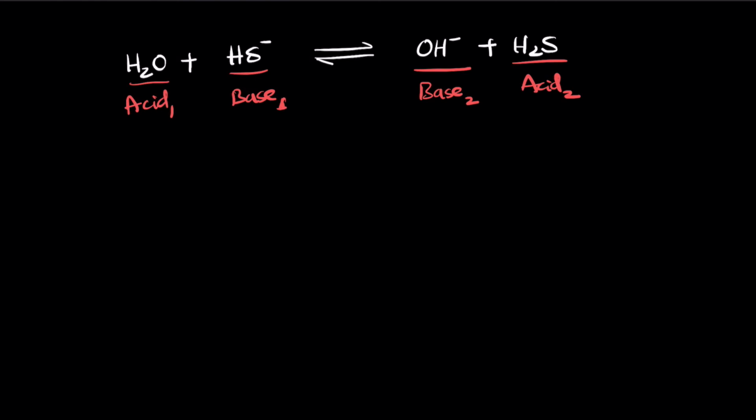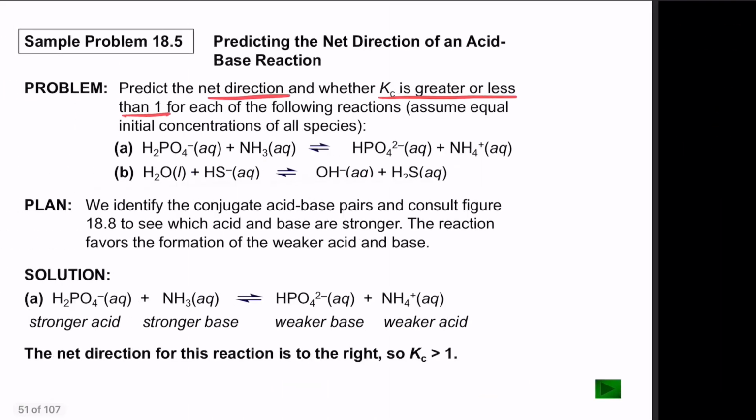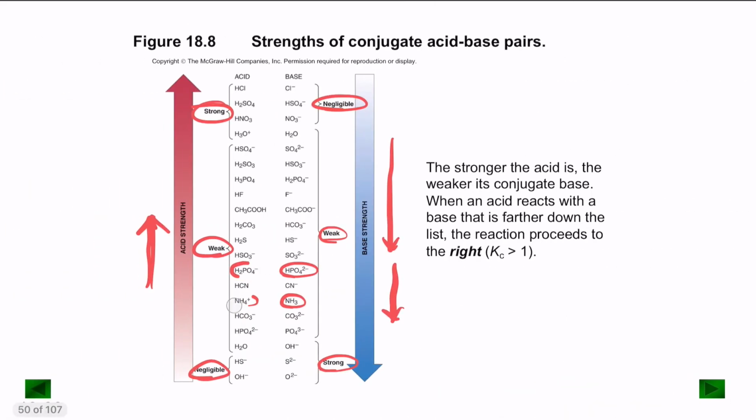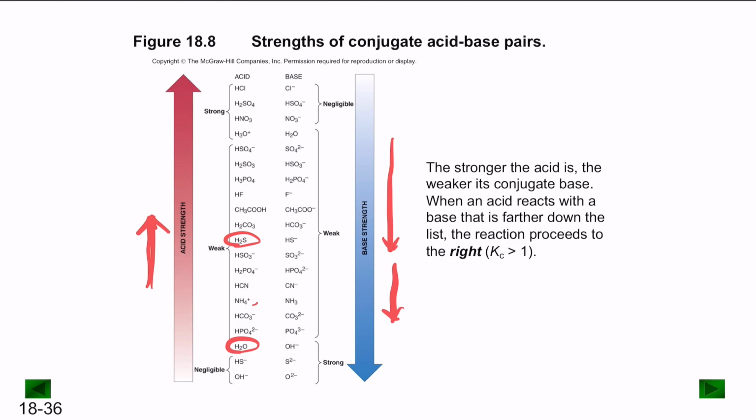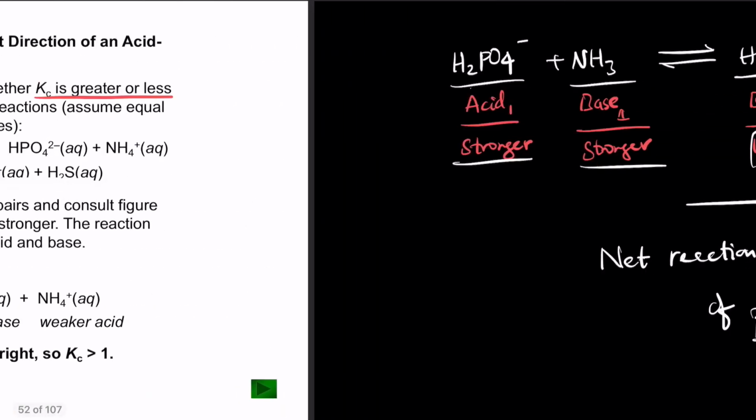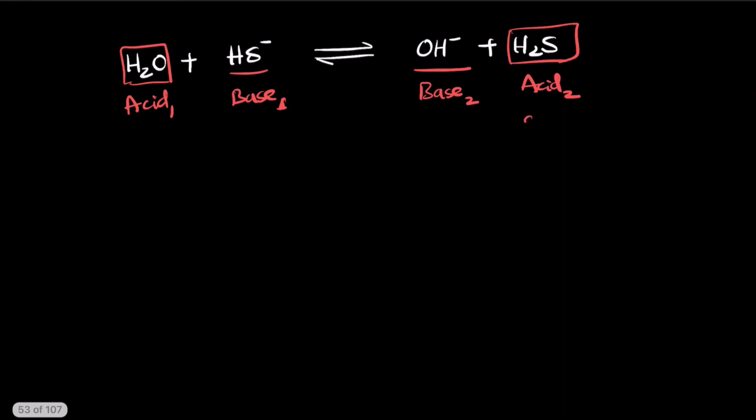The next thing we have to do is compare the two acids and compare the two bases. So we are comparing H2O with H2S. Let's take a look at the table. We have H2O right here and H2S right here. Because it's increasing acid strength, H2S is stronger than H2O. So H2S is stronger and H2O is weaker.